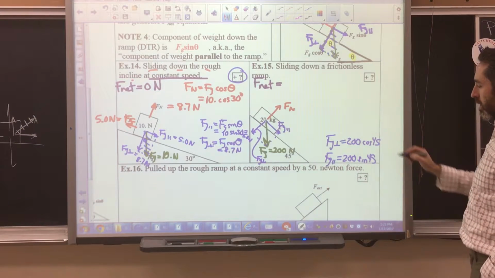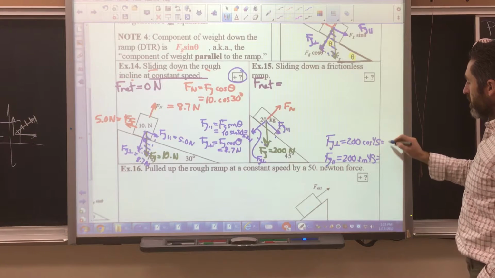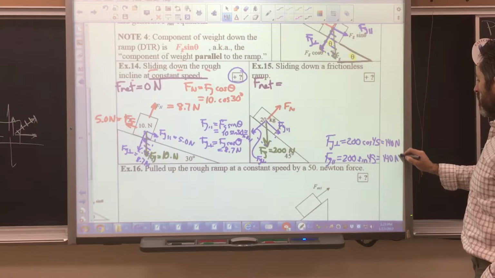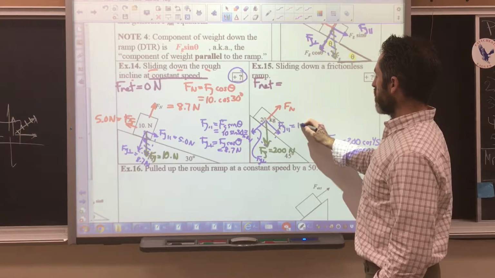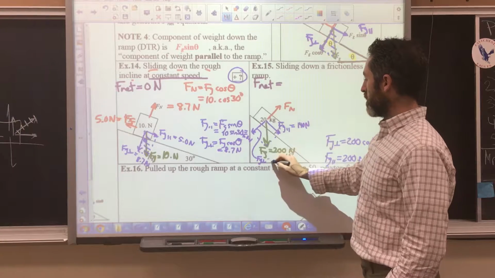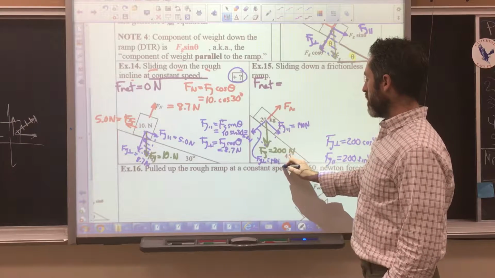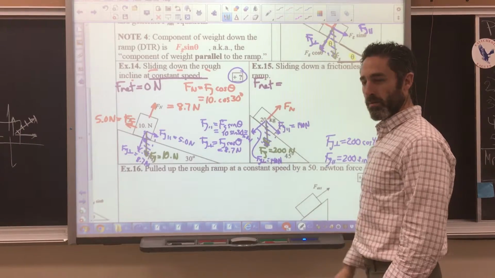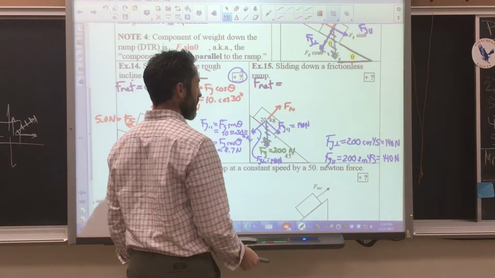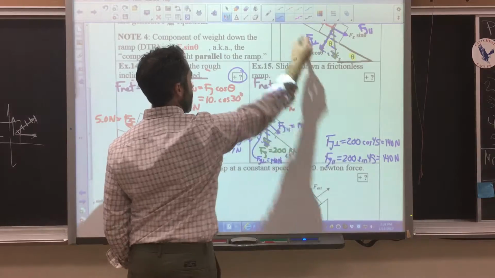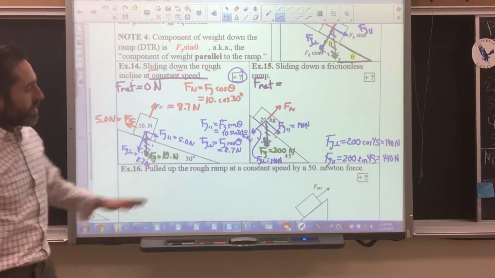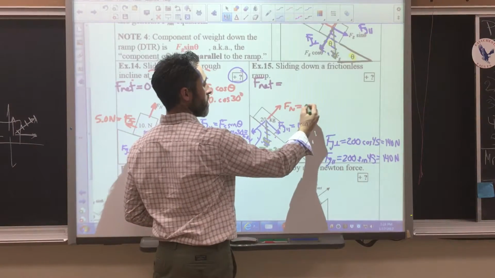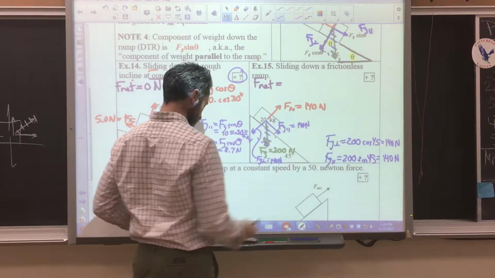Conveniently, cosine and sine of 45 are the same. These come out to about 140 newtons. And so, 140, 140, and though the 200 is there, we don't need to worry about it. Let's hash it out so it doesn't distract our picture. It doesn't distract our thinking about the picture. Now, what is the net force? In the perpendicular direction, there is balance, which means the normal is 140.